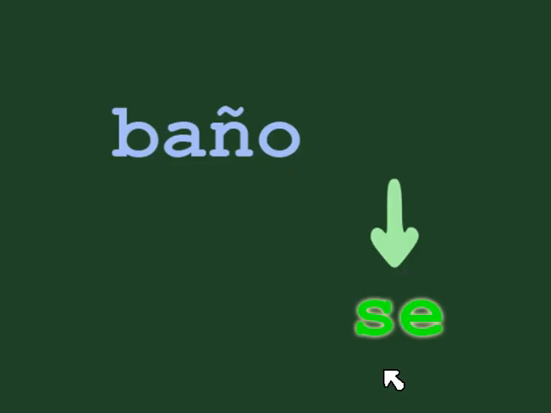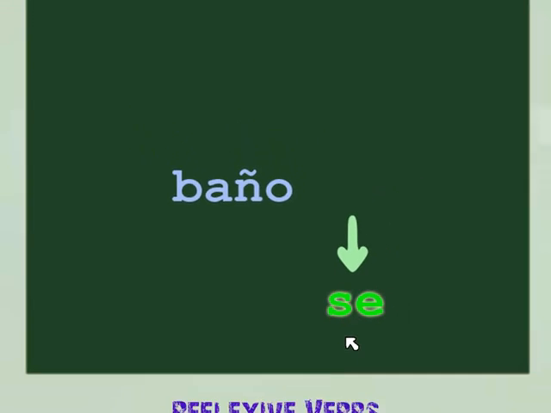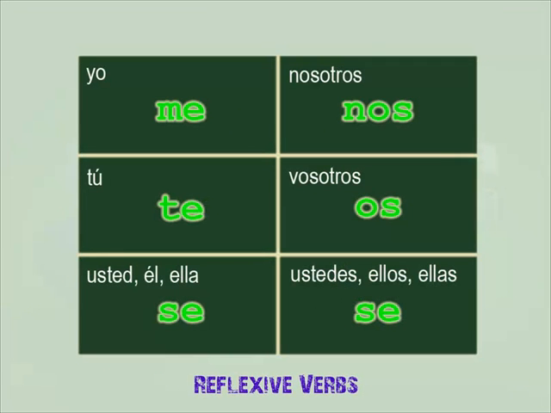Now let's come back to that little pronoun that we cast aside. You have to find the pronoun that matches with yo. Here are your options. If you're thinking that it should be me, then you're on the right track.